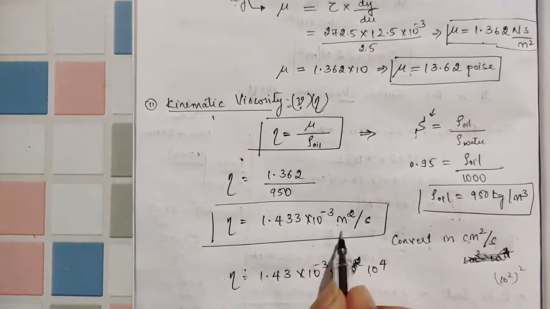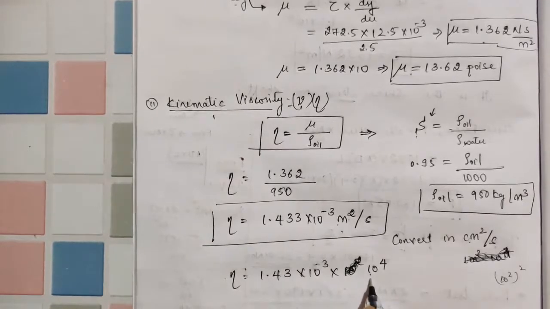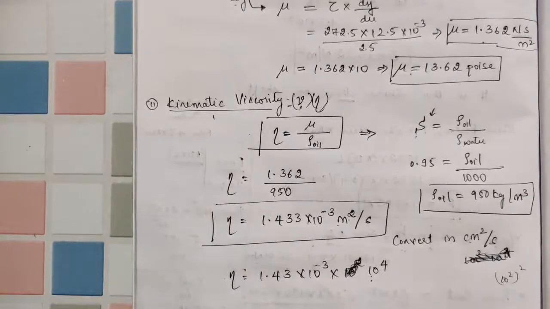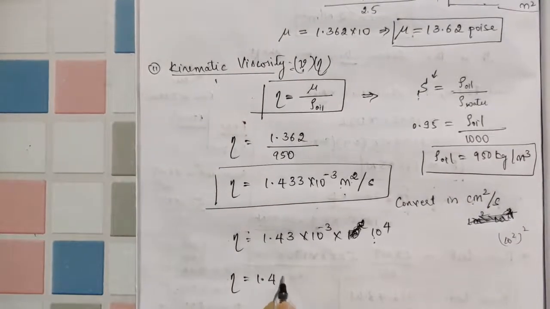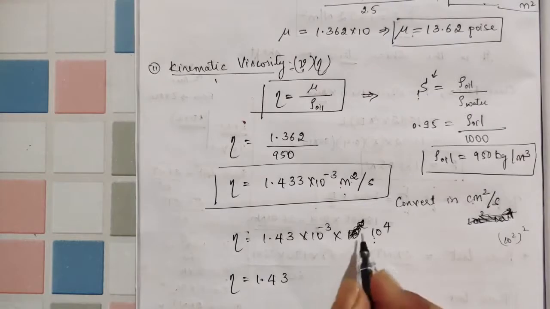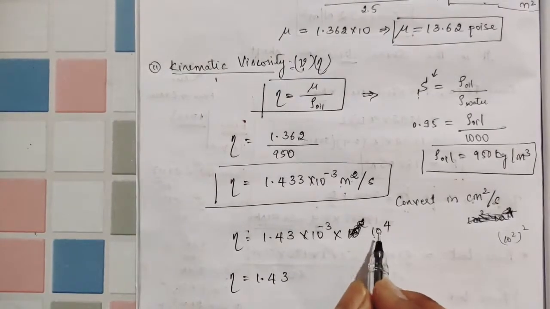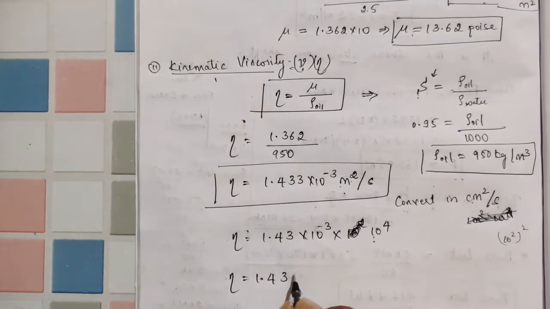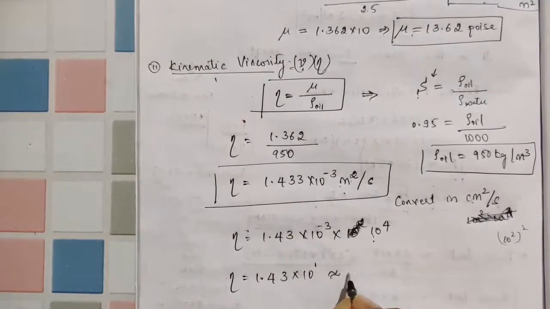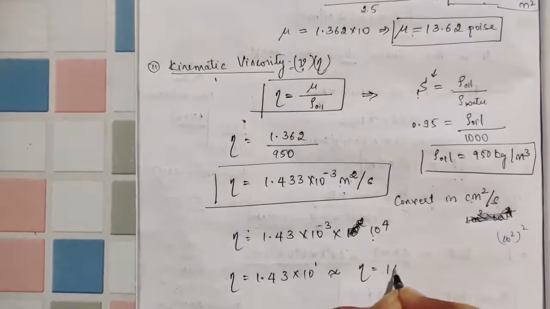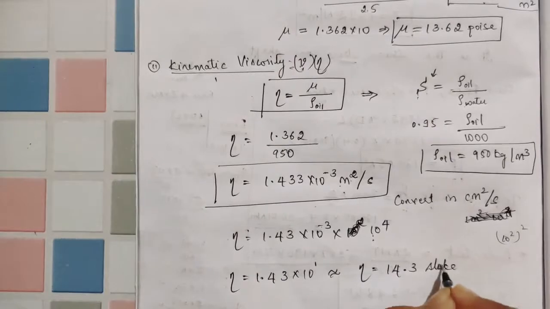So the value in meter square per second, if you multiply with 10 to the power of 4, it will be centimeter square per second, which is nothing but 1.43. This 10 power minus 3 and 10 power 4 will be cancelled, leaving 10 power 1, which is equal to 14.3. Eta is equal to 14.3 Stoke.